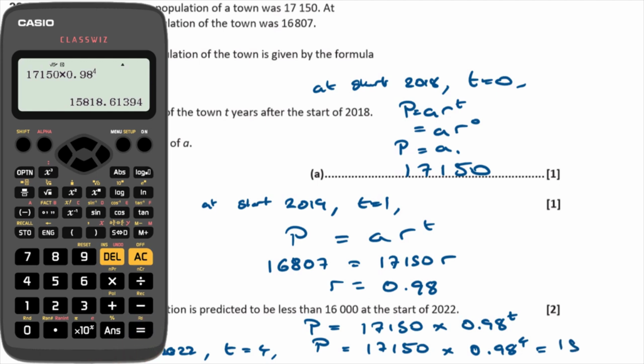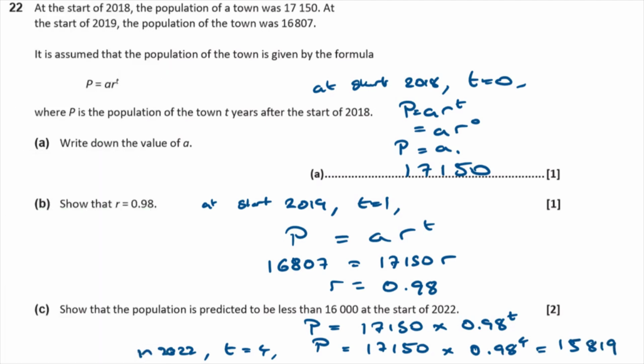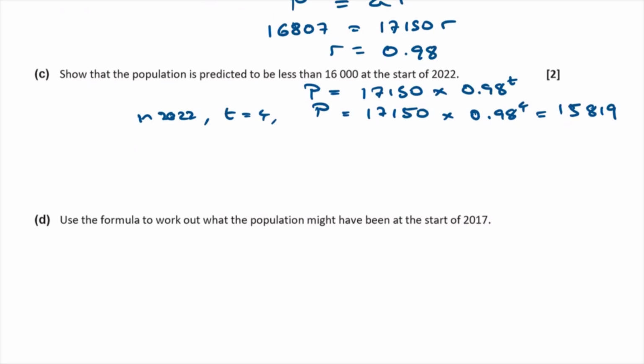So 15,819 to the nearest person. So the population is declining, isn't it? It's what we call decay for an exponential function like this. So it's decay in the population. 15,819.